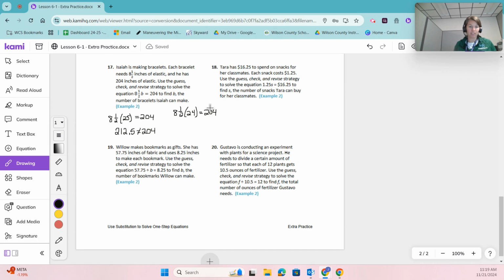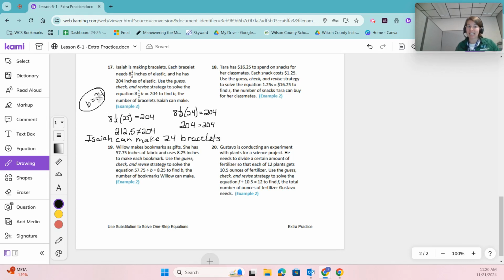So my new guess is 24. I substitute that in for b, and then I check my work. 8.5 times 24 equals 204. So 204 equals 204. So b equals 24, which means Isaiah can make 24 bracelets.